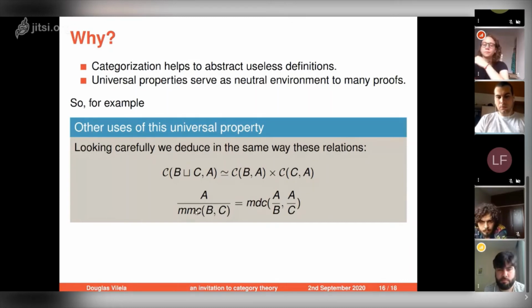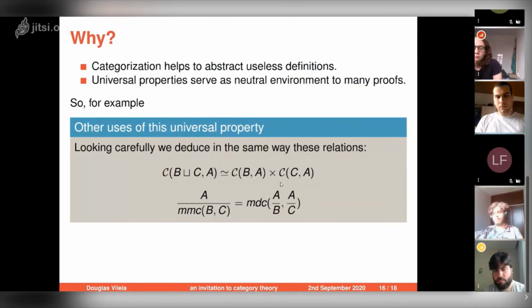So this MMC of B and C is like the disjoint union of sets for the case of the natural numbers, and the greatest common divisor here is like the Cartesian product of sets or the product topology for topological spaces.